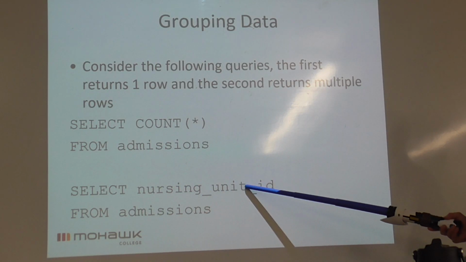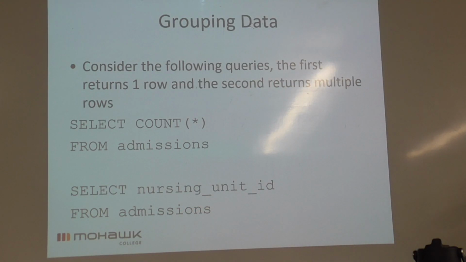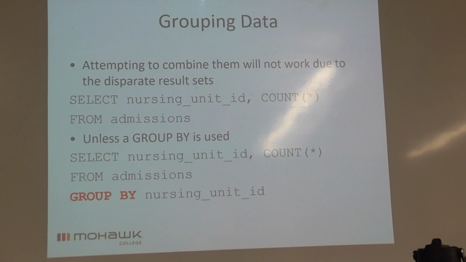Select nursing unit ID from admissions. So far, we know how to count the number of rows, but we don't know how to count, for example, how many sales entries we have of a particular item in a table, right? This is what group by is for.